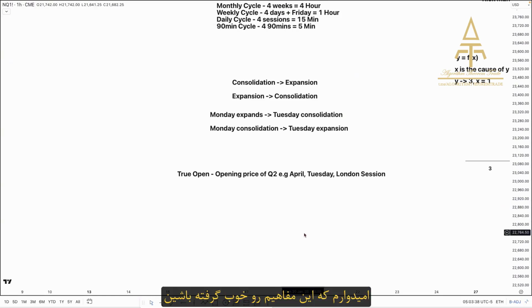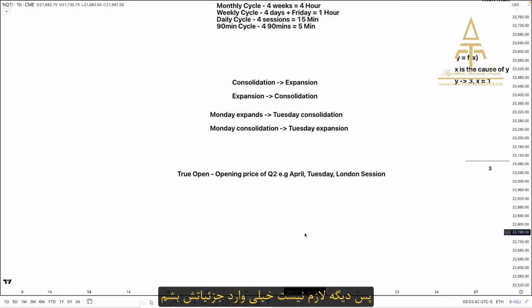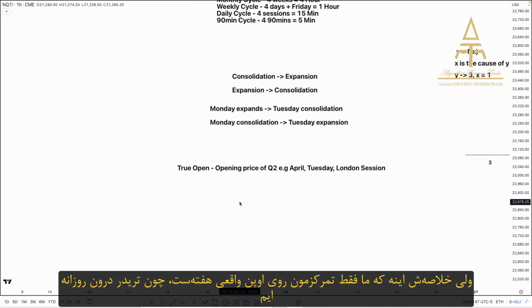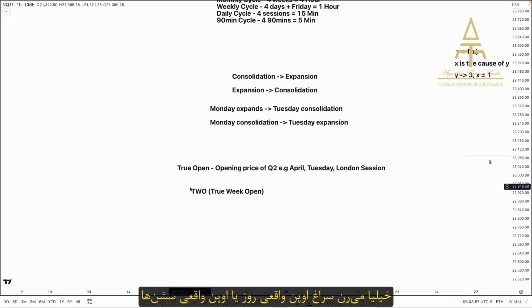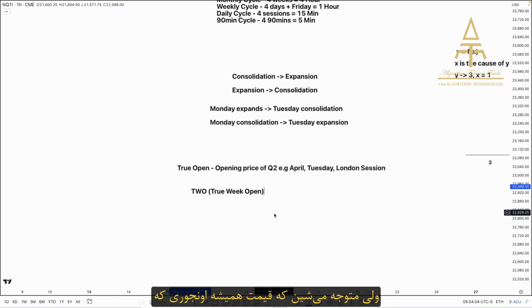I hope that you will understand these concepts, so I don't have to explain it too thoroughly. But to put it simply, we will only be focusing on the true week open as intraday traders. Many people will be focusing on the true day open and the true session open, but you will find that price doesn't necessarily trade in the way that the true day open and true session open says that price should trade.